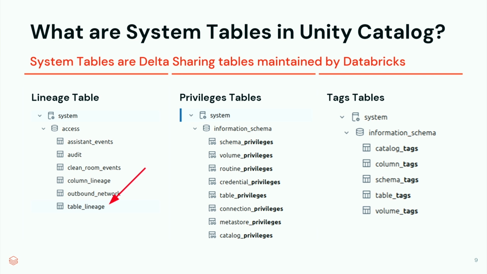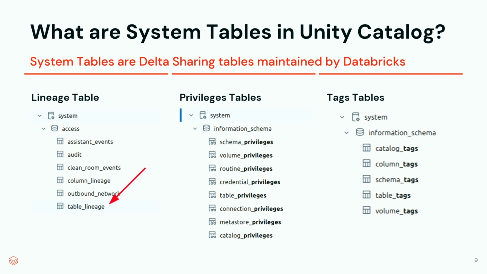So for that, what are system tables in the catalog? System tables basically are Delta Sharing tables hosted by Databricks. For the solution that we're going to present today, we use those important tables.